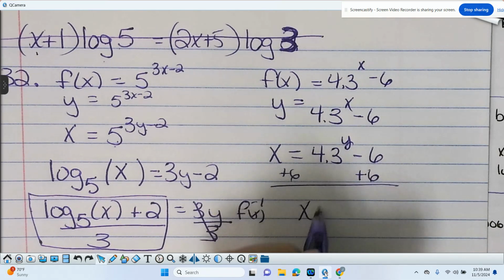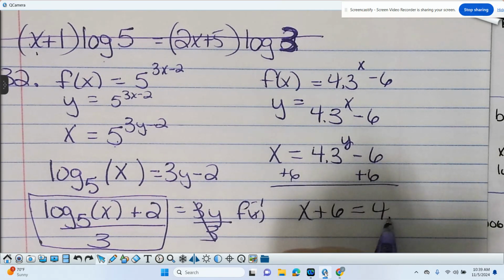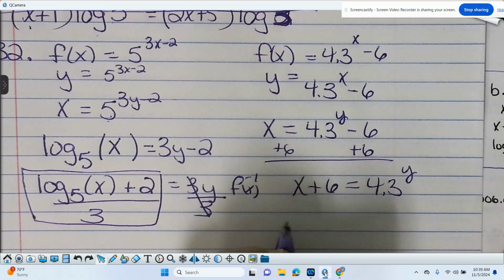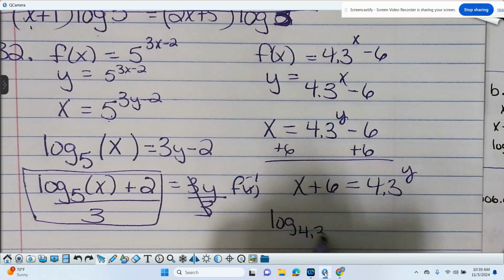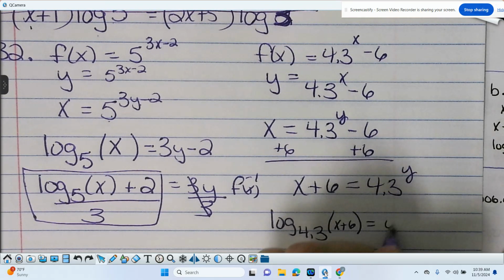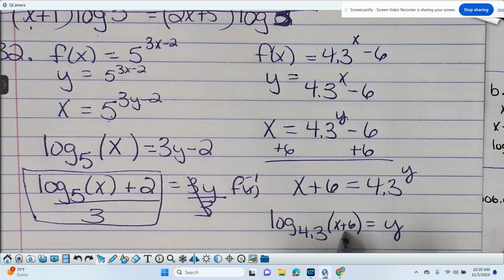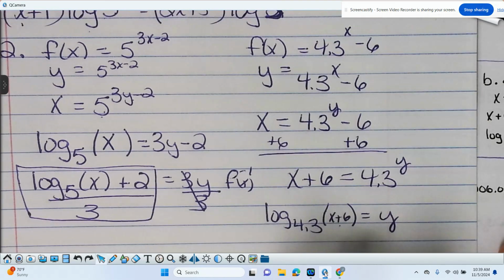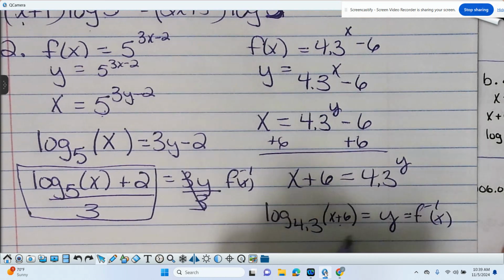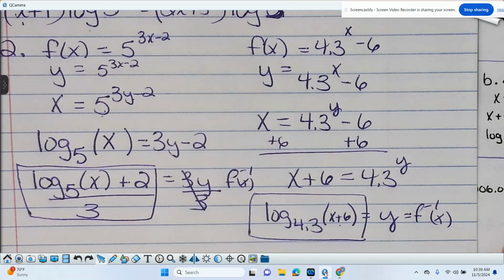So x plus 6 equals 4.3 to the y. Now I can change its form. So log base, save a little space, gets filled in with that, equals the exponent, and I filled in the space with what I hadn't written yet. That is equal to y, so that is the inverse. And so those would be the two answers that we end up with.